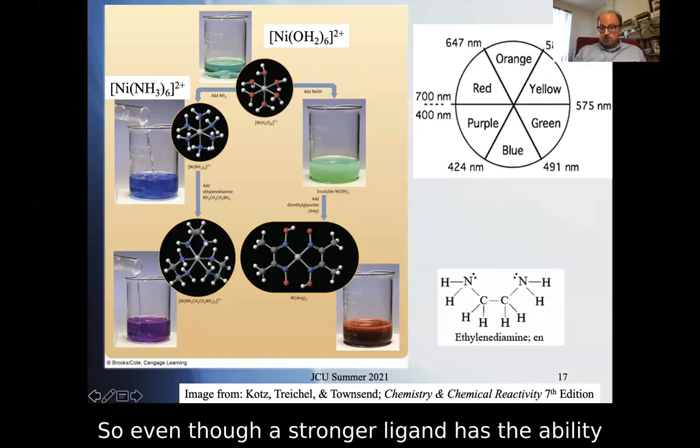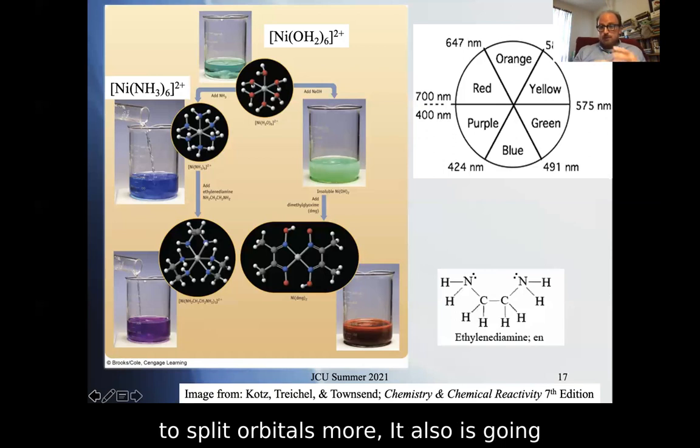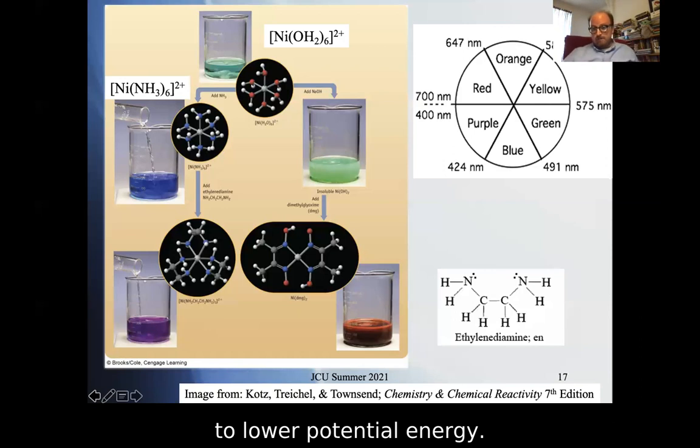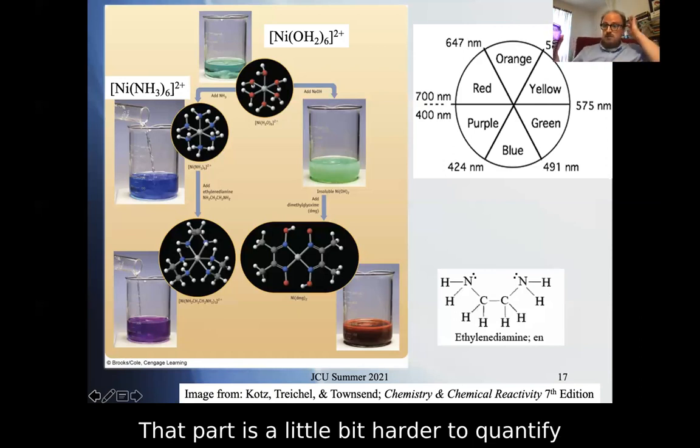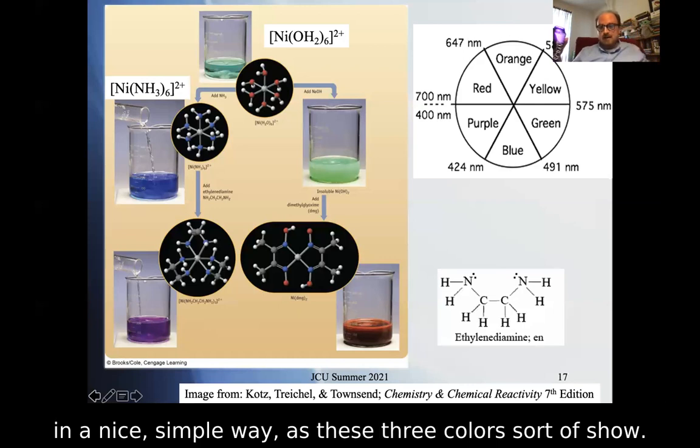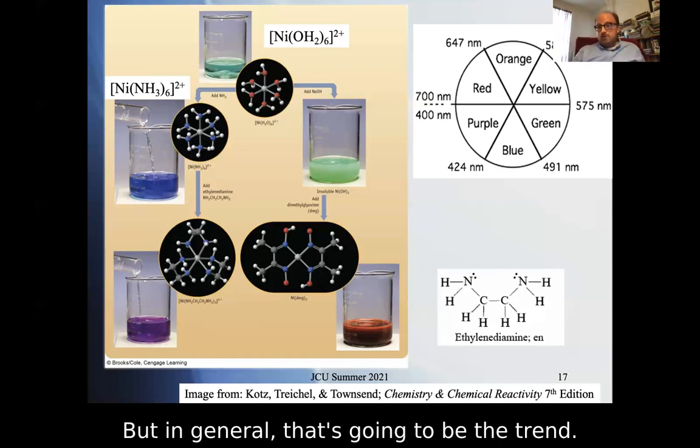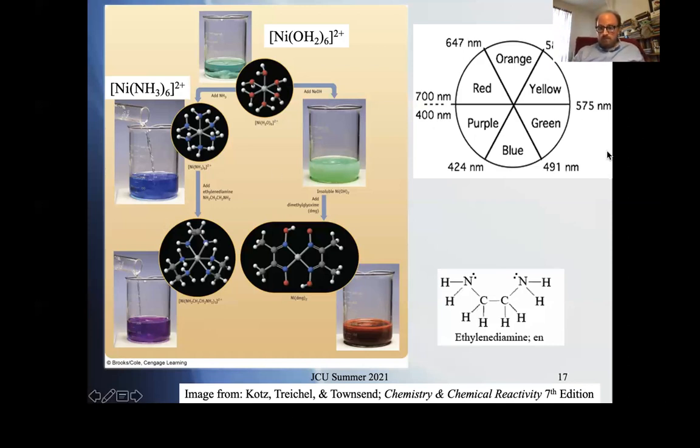So even though a stronger ligand has the ability to split orbitals more, it also is going to lower potential energy. And that part is a little bit harder to quantify in a nice simple way, as these three colors show. But in general, that's going to be the trend.